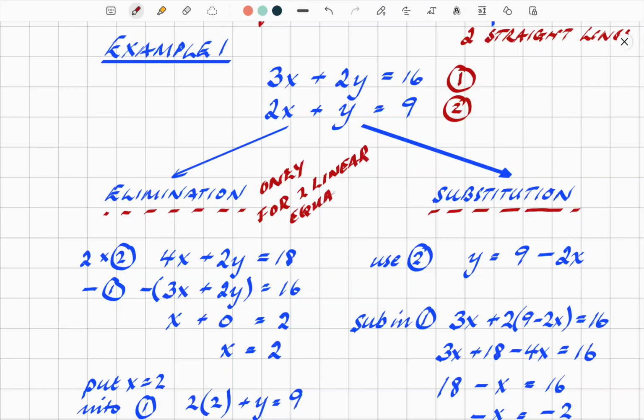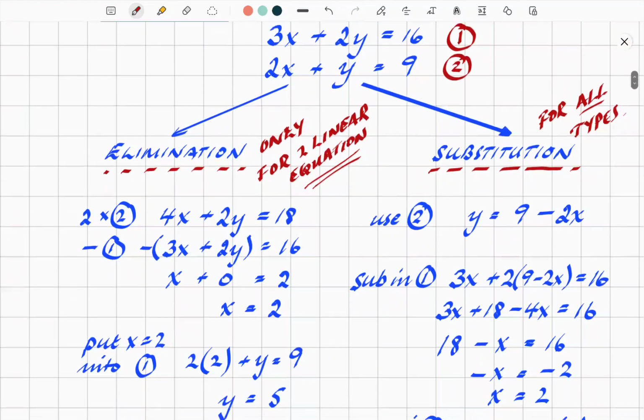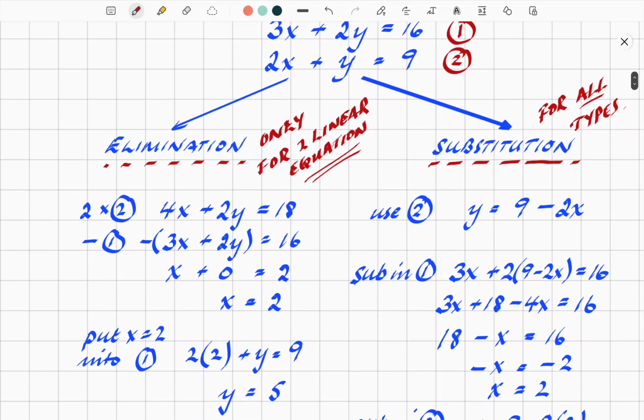You cannot use that for any other type, as you'll see below, so please watch out for that. And the substitution method works for all types.